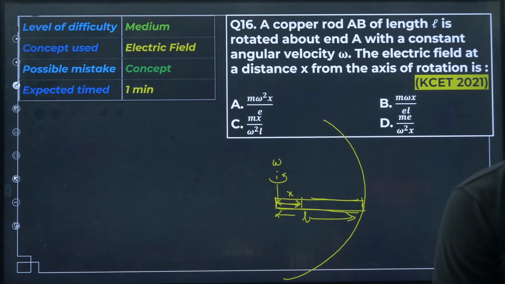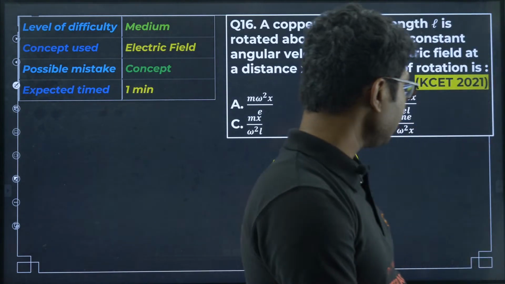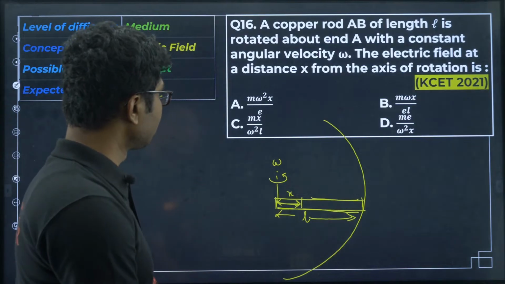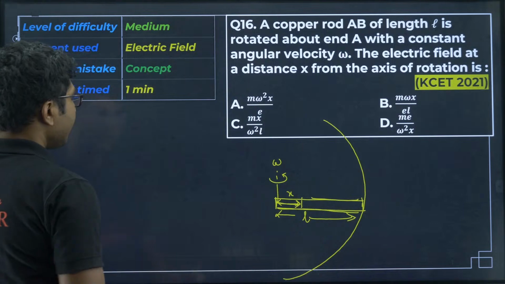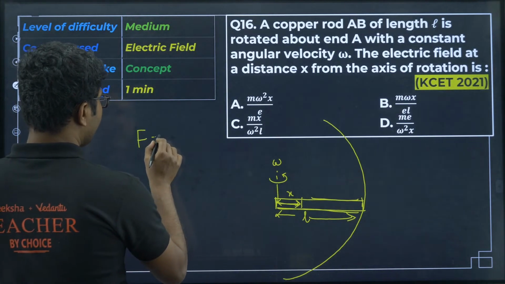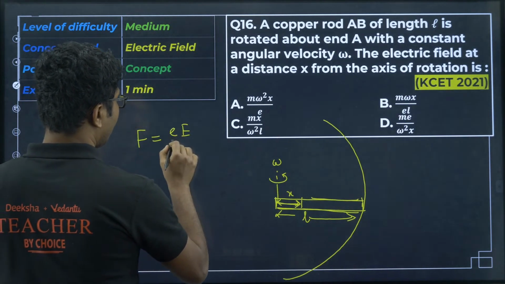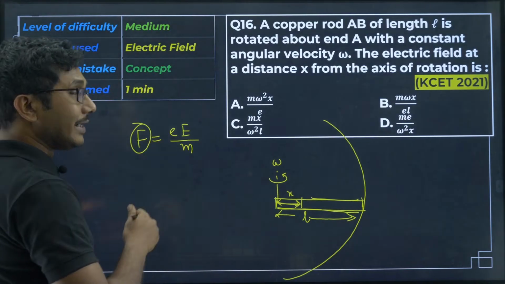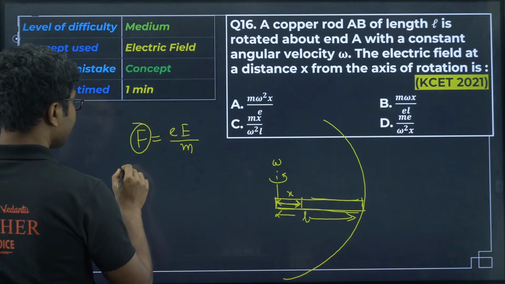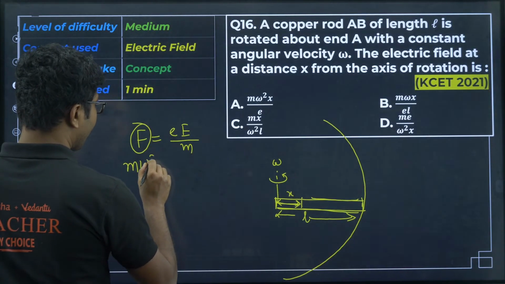F equals E by M, okay. So, you are saying that F equals E by M. So, what is the force here? This is centripetal force.